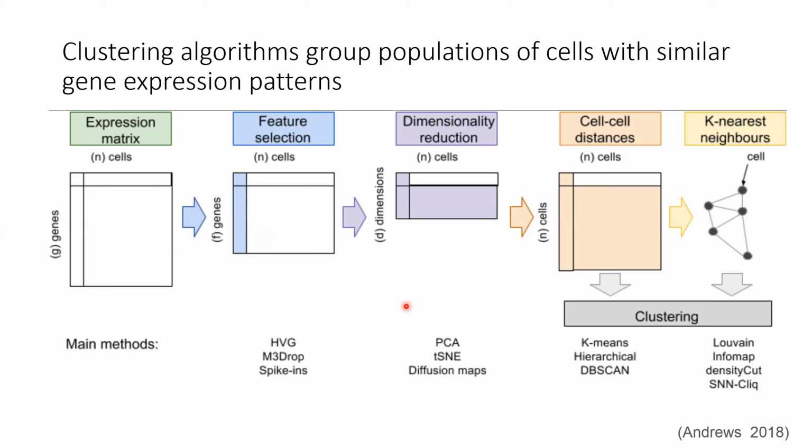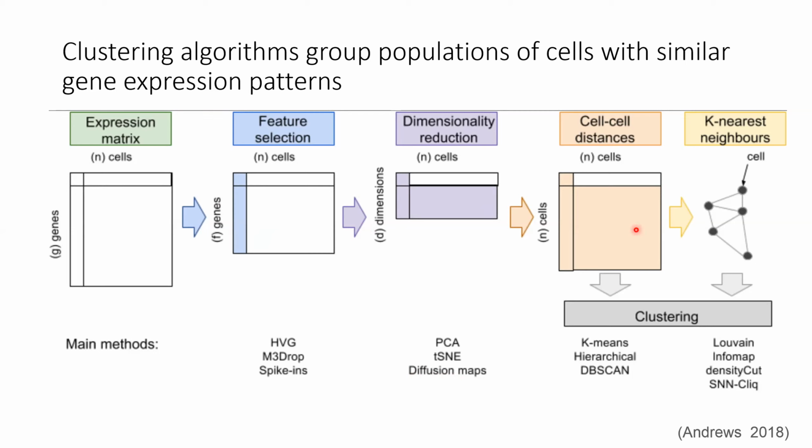And while some people cluster cells using t-SNE or UMAP coordinates, don't do this. This will introduce a lot of bias into your data from the topological distortion we talked about yesterday that's produced by these algorithms.